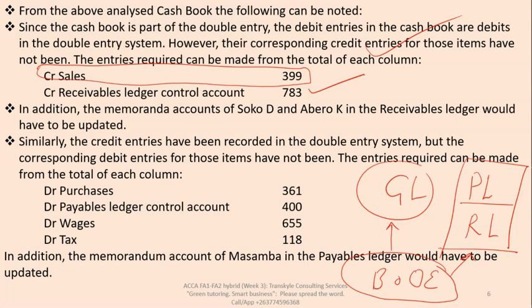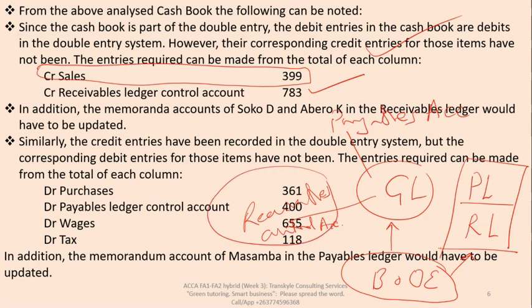In the general ledger there is the payables control account, and there is also the receivables control account.